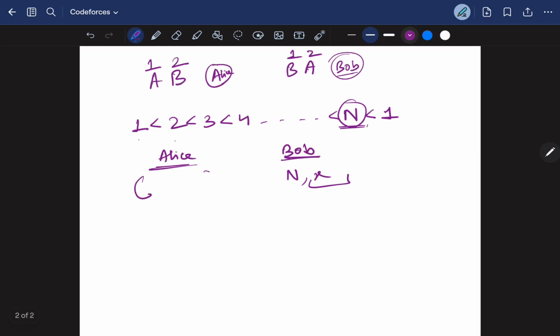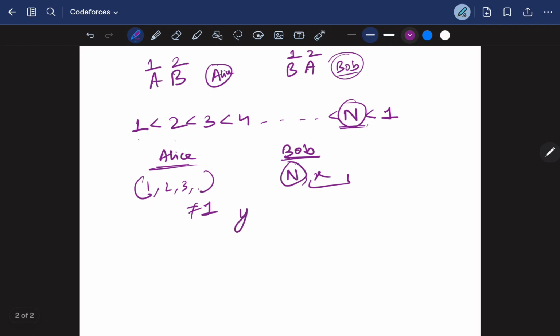In this case, if Alice plays some card, anything she can have, 1 2 3, if she plays anything other than 1, then Bob can play this last card and win this game.